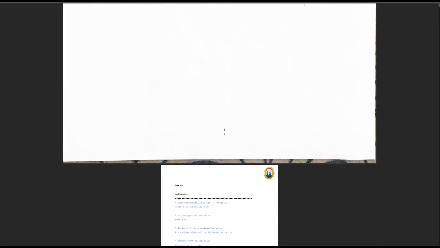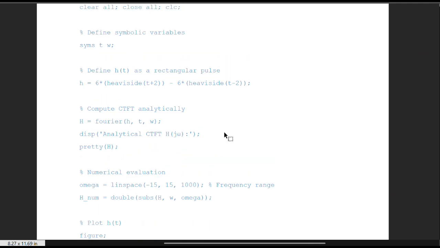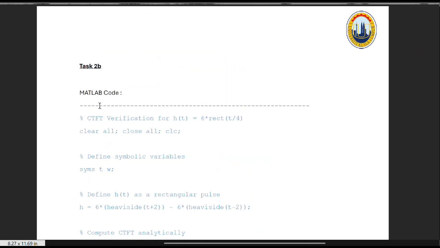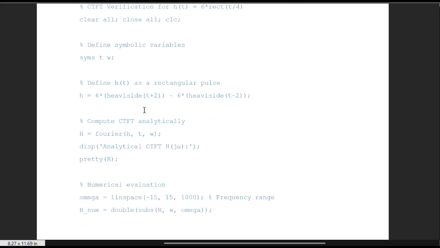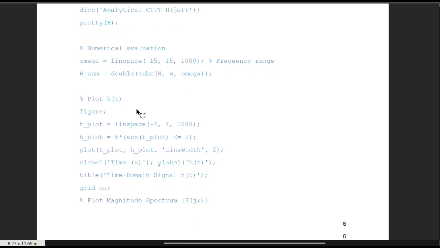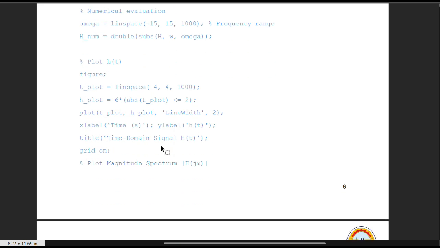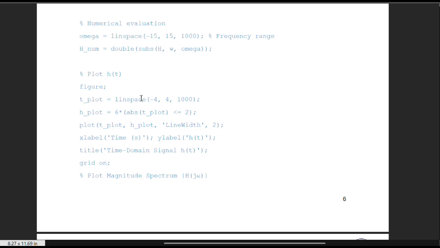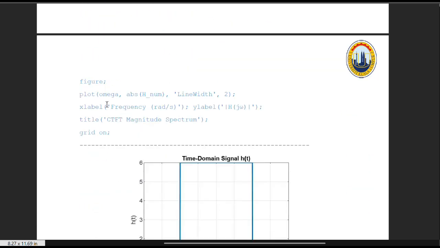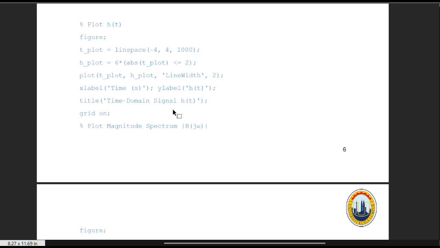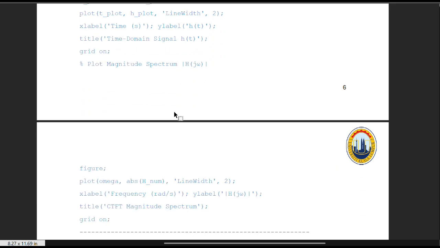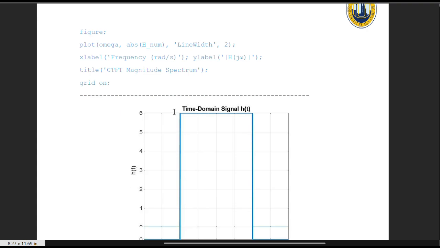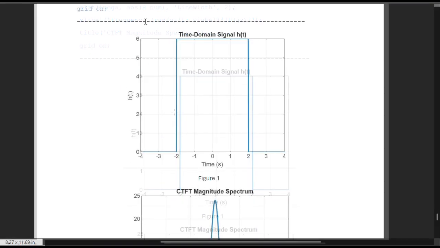Okay, so for the last one, task 2b, this is the MATLAB code that we generate, and this is where we define all the information from what we know. So we got the graph.